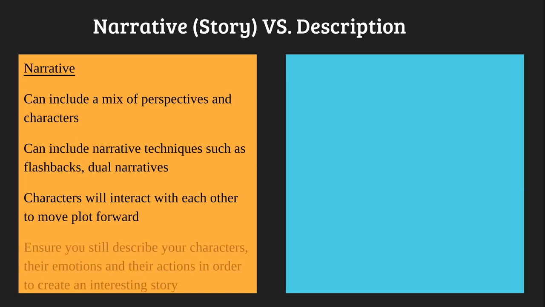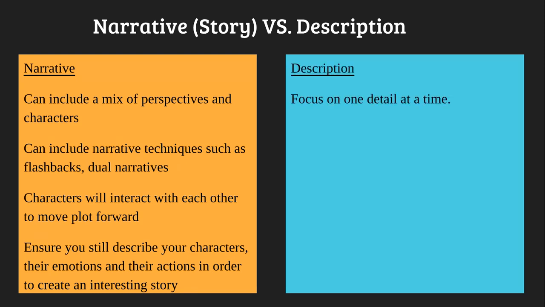We'll have dialogue probably. But one key thing you need to do is ensure that you still describe your characters, the setting, the location, the actions. You still get those good descriptions in there and emotions, because otherwise it's going to be quite a boring, bland story of: your character goes here and he does that and he does the other and he said hello to someone who said hello back to him.